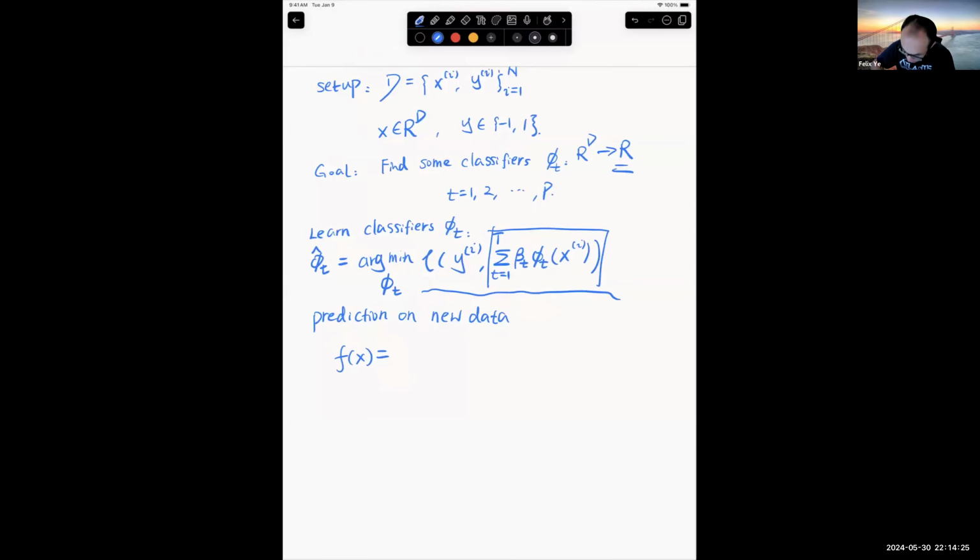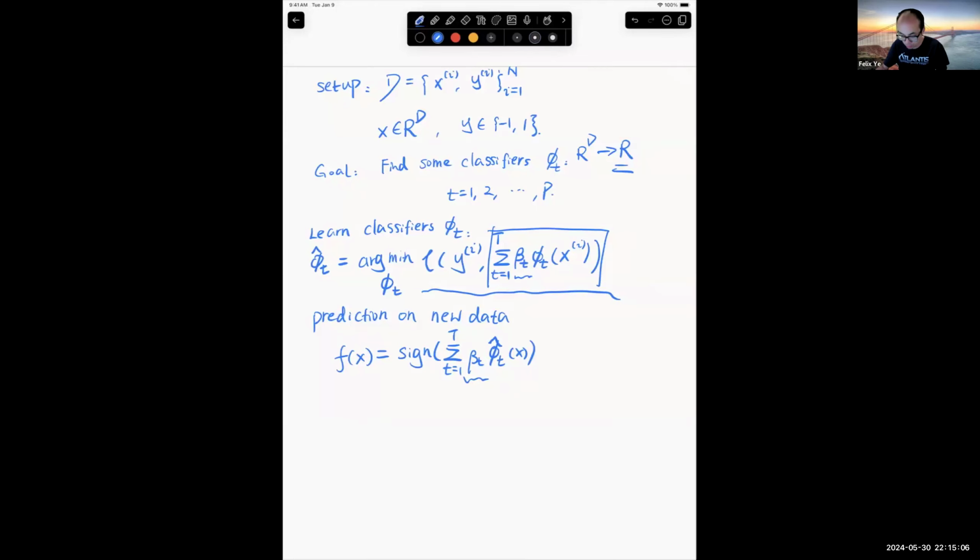Then my f(x) will just be the sign of my strong learner. Because it maps to R, if it is positive, I map it to +1. If it is negative, I map it to -1. And we also have a weight, beta_t, that we need to learn as well.